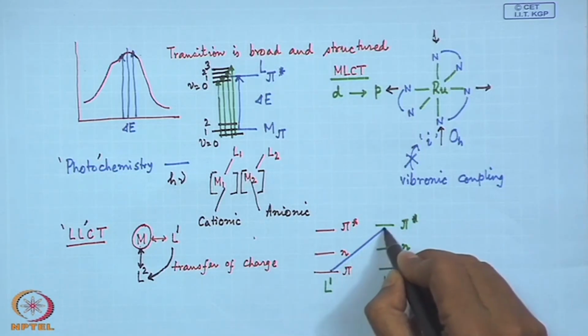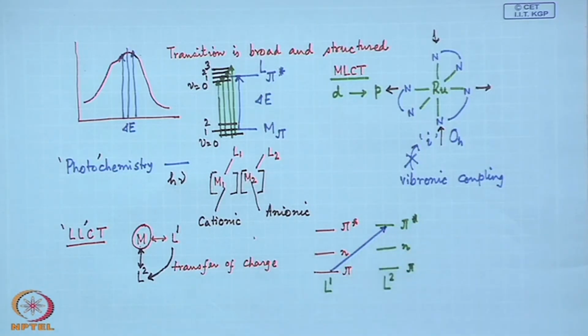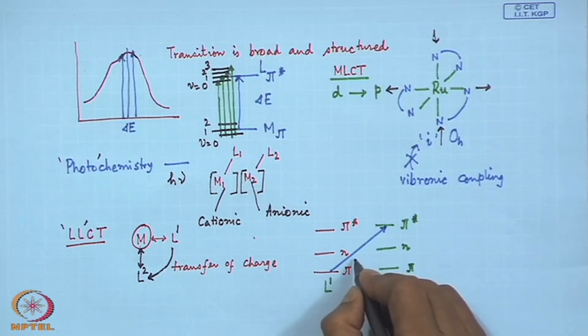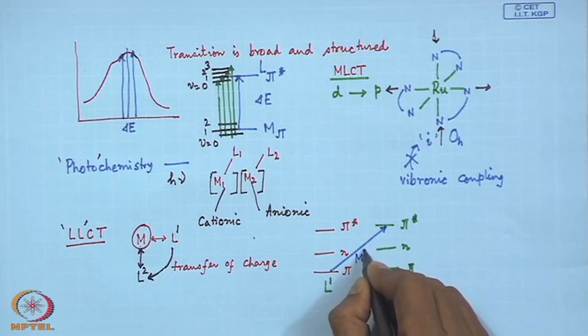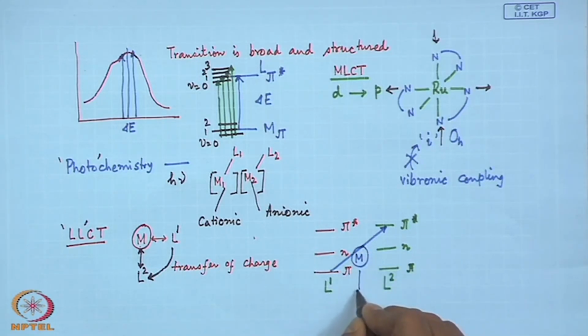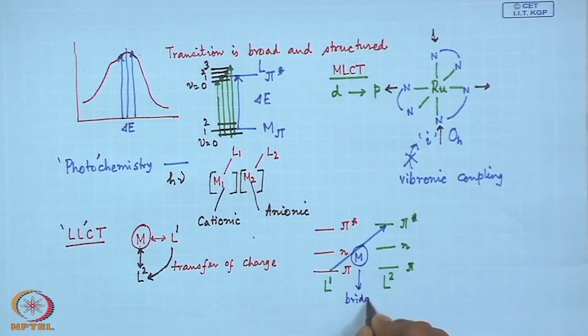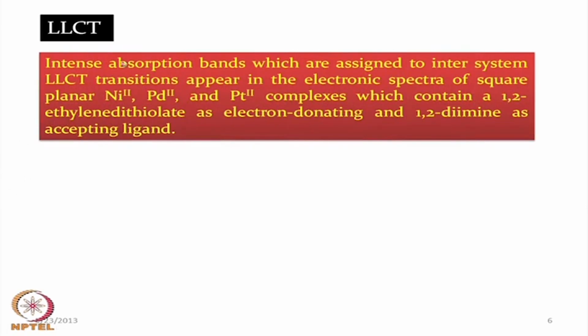So we have the transfer of charge density from L1 to L2, which is going through the metal. So the metal is functioning as a bridge for this type of charge transfer. We have the LLCT type of charge transfer in this case.